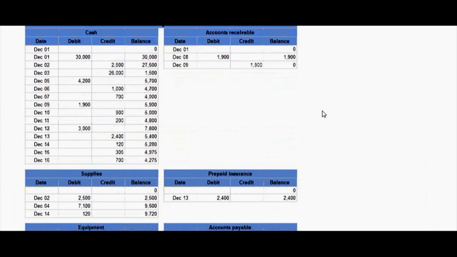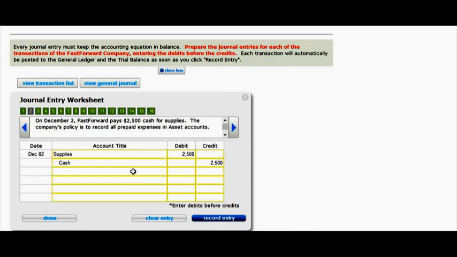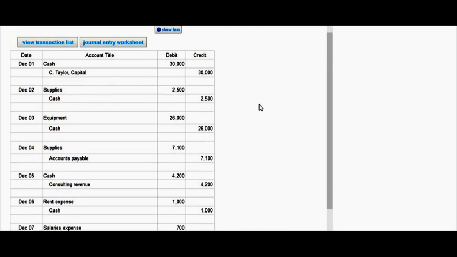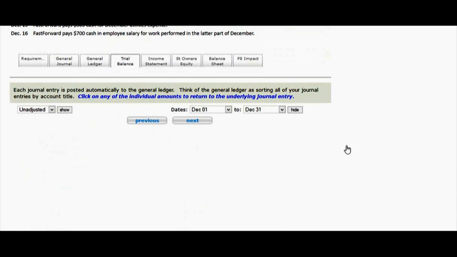Next, these are the ledger accounts. You could click on any one of them to go to the journal entry. So if you go there, it'll show you that's where that came from. And then just X out. The next tab is your trial balance.